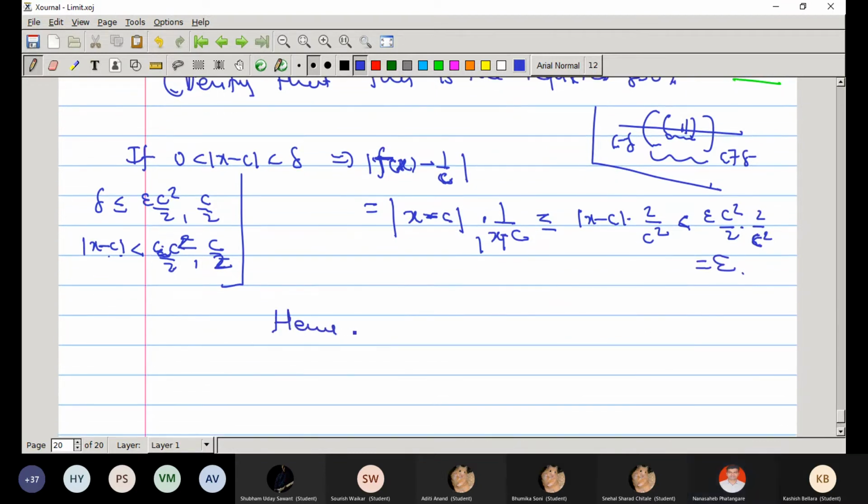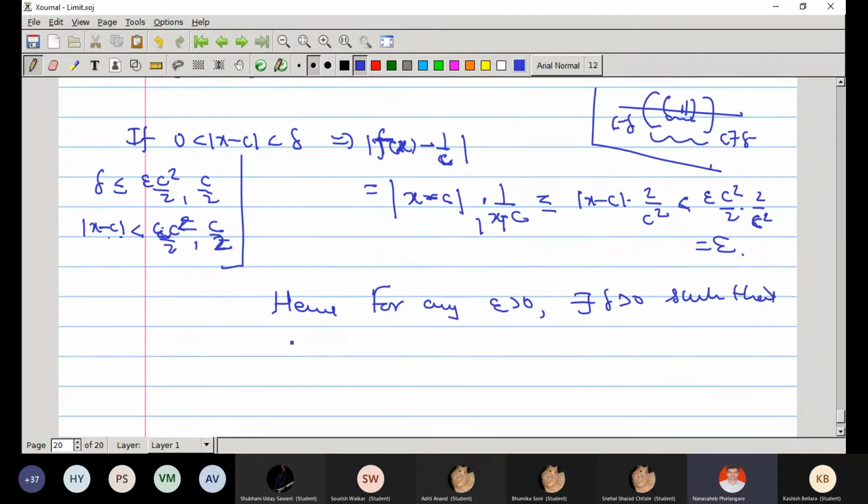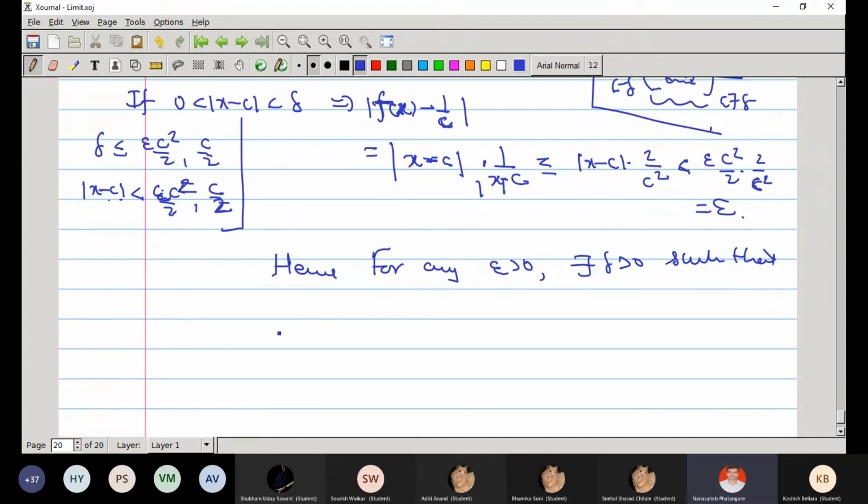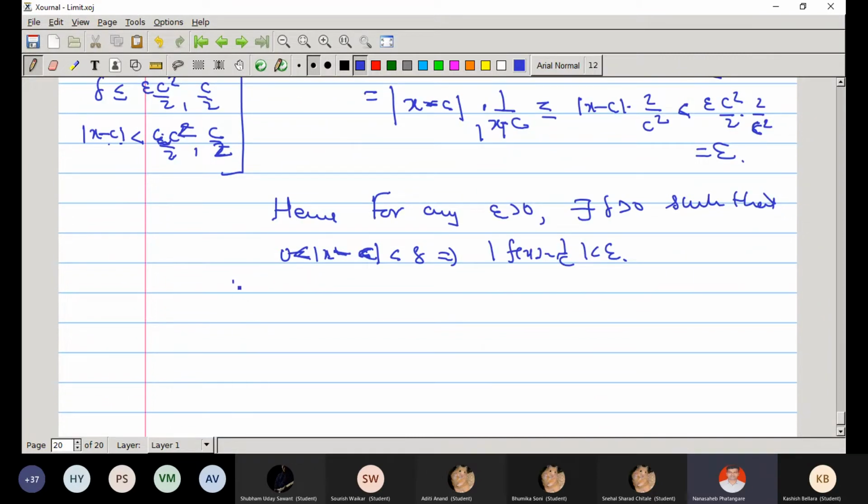Hence, for any epsilon, we can produce delta such that whenever the distance of x from c is less than delta, then the distance of f(x) from 1 by c is less than epsilon. And what is the conclusion? Hence, limit x tends to c, f(x) is 1 by c.